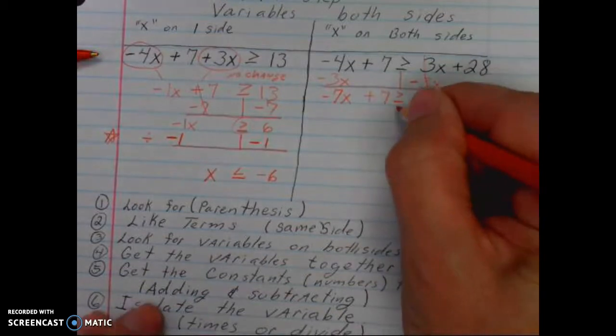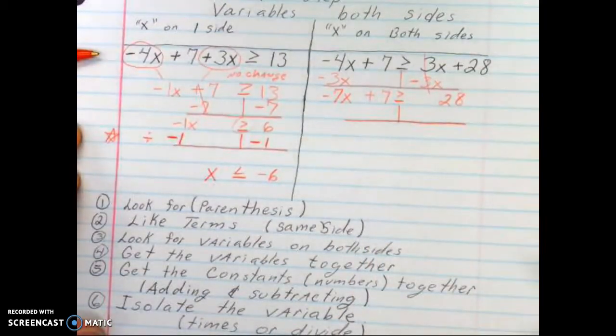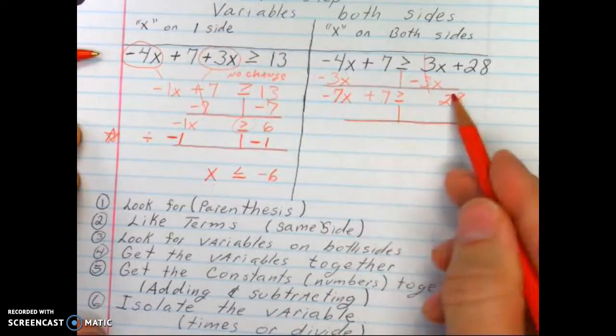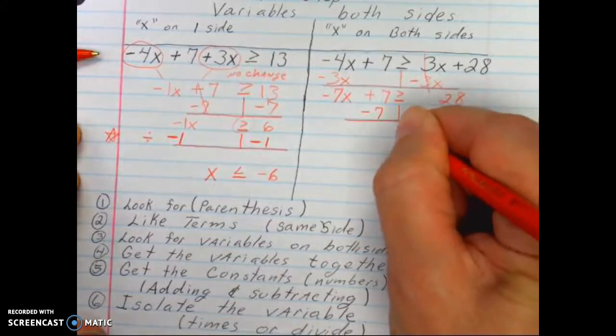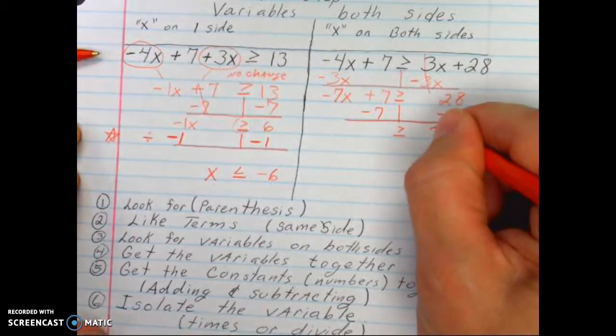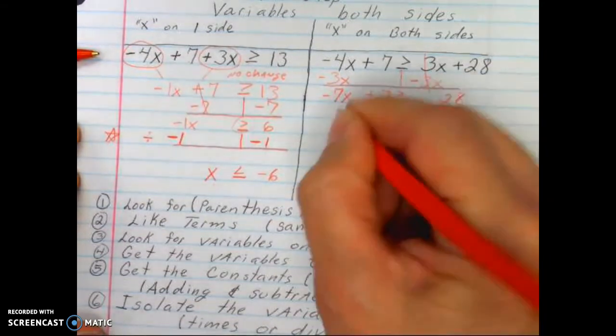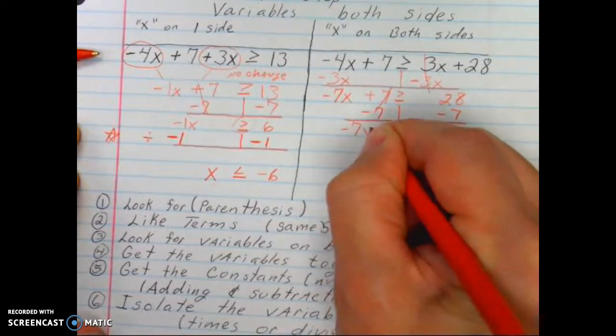Now they actually start to look the same. We're at step number 5. Get the constants, the plain numbers together. So minus 7, and that's going to be 28 minus 7 is 21. This crosses out. The negative 7x falls down.